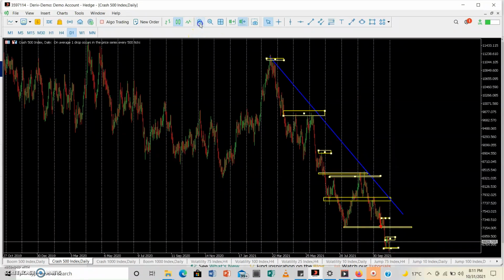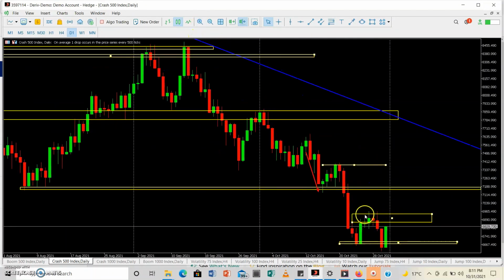So now what we are left with, basically, we're going to wait and see if price breaks this high. If price fails to break this high, we'll be sure that we are going in a downtrend. Why? Because each and every time price was moving, it was failing to break the previous high.